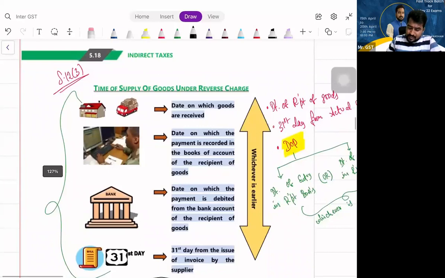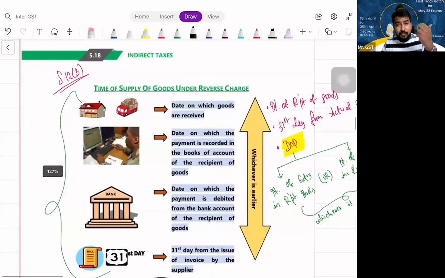May 4th, supplier invoices goods taxable on RCM to Bridge and Co. May 4th is the actual date of invoice. What you need is the 31st day from the date of invoice, correct? See how generous our institute is.